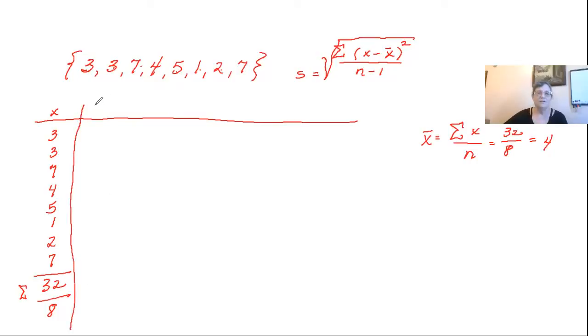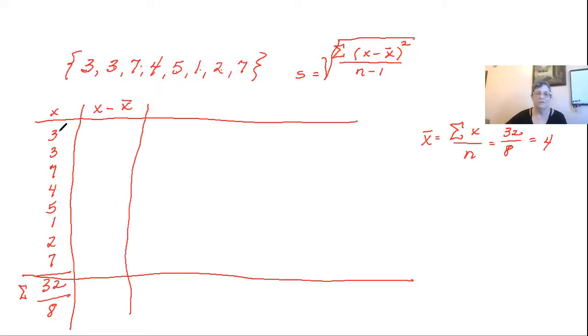Now the next thing I want to do is get the difference between each of these values and x bar, the mean average. So this one is going to be 3 minus 4 is -1. So this will be -1. 7 minus 4 is 3.